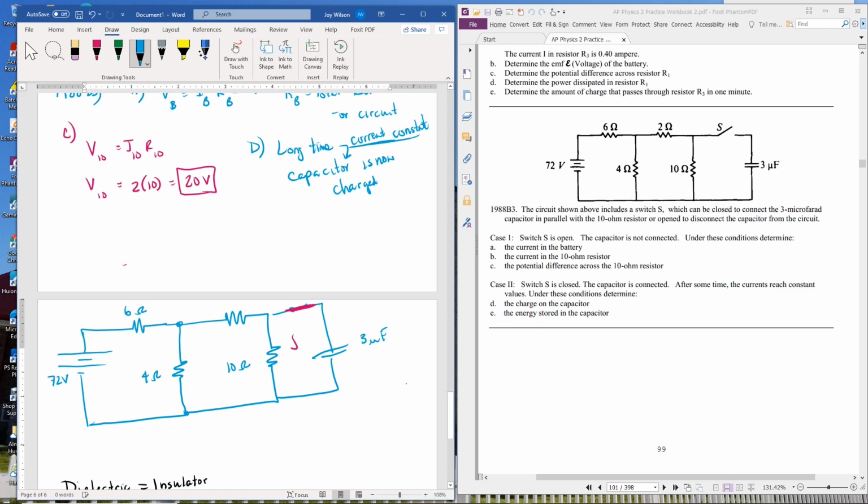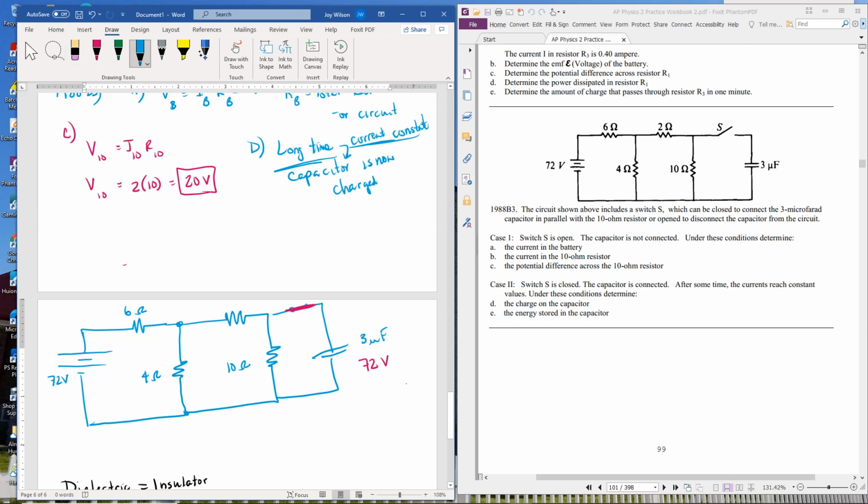Those things tell me that the capacitor is now charged. If the capacitor is now charged, the voltage across it will be 72 volts. Super easy to do. You do that as a loop. Battery to capacitor to battery. It's only one device on that loop, so it has to be 72 volts. That part's super easy. Leave that alone now.